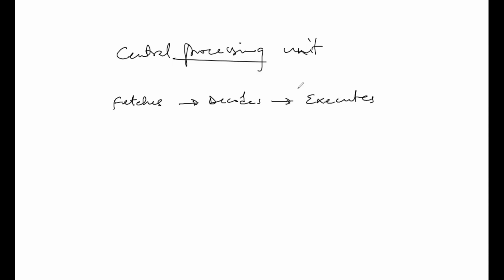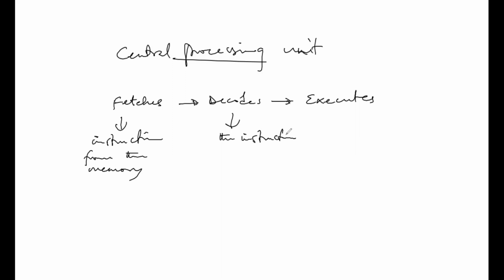So these are the operations the CPU performs. It fetches an instruction from the memory. Then it decodes the instruction. So in other words, it identifies the instruction, and then it executes the instruction.